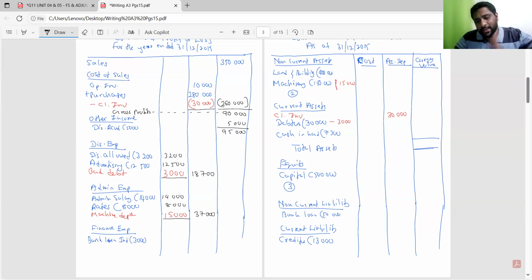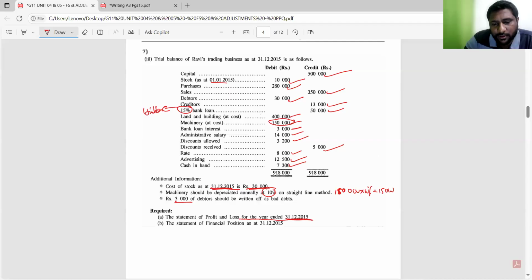Now we have to do the hidden adjustment. I told you this question has a hidden adjustment. What is that hidden adjustment? Everyone stop writing and listen.